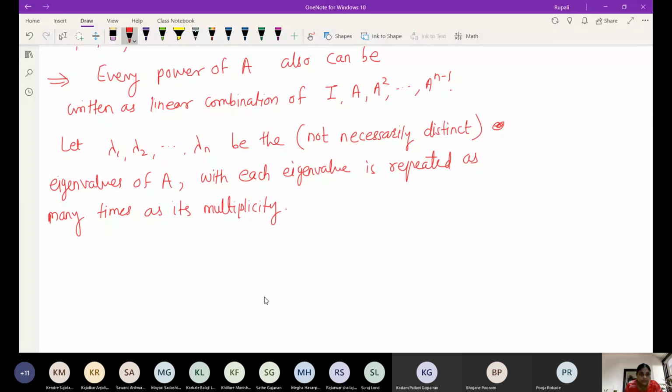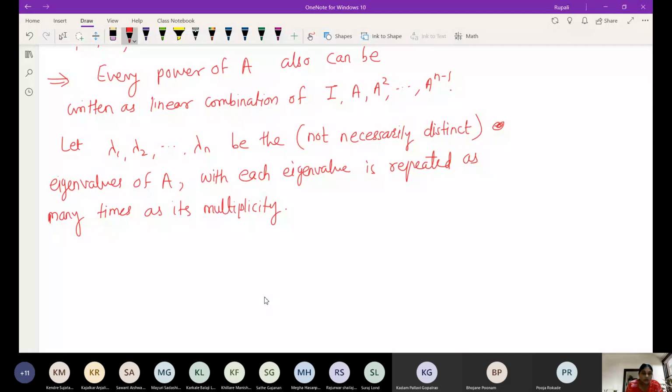Since A is an n by n matrix, it will have n eigenvalues, which may not be distinct. So we write lambda 1, lambda 2, up to lambda n, where each eigenvalue is repeated as many times as its multiplicity.